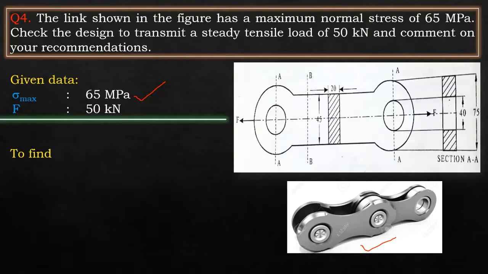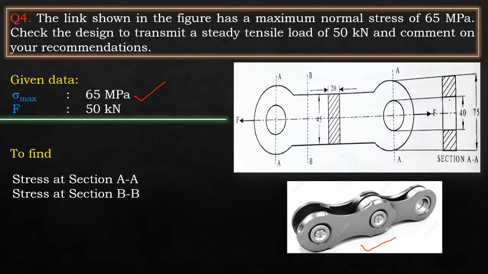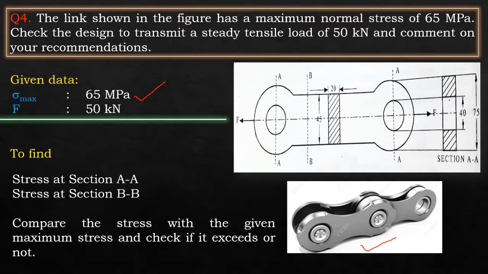We need to find the stress at section AA as well as the stress at section BB. After finding the stresses, we'll be comparing them with the given maximum stress, that is 65 megapascals, and check if it is exceeding this 65 megapascals or not.